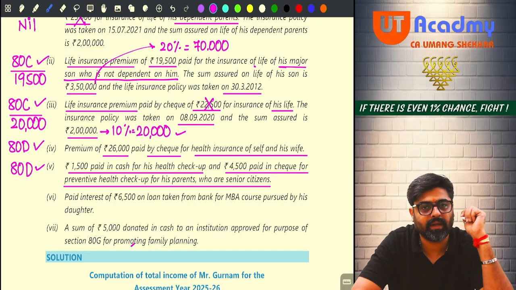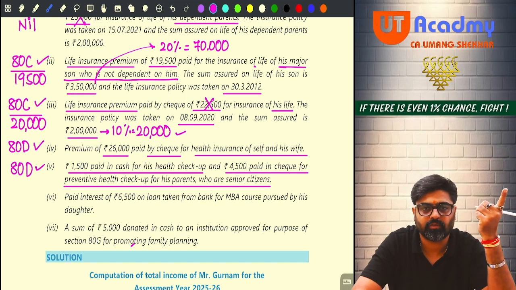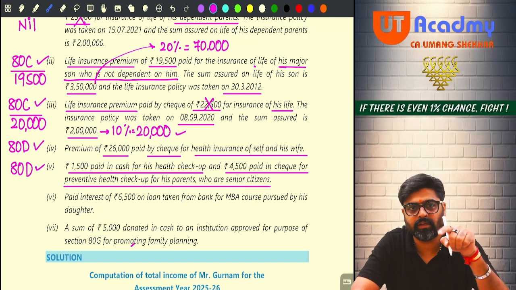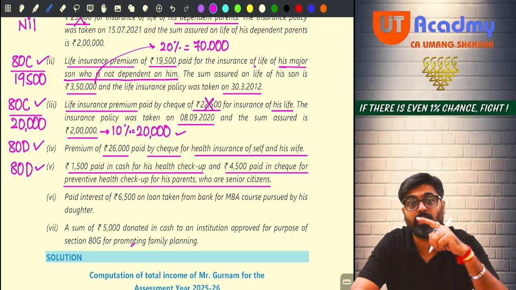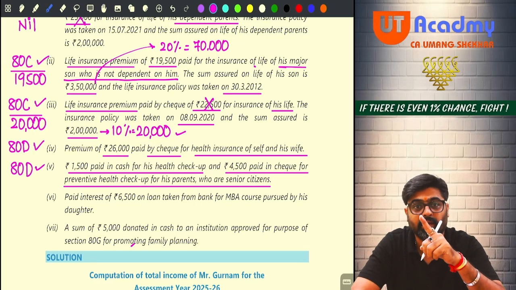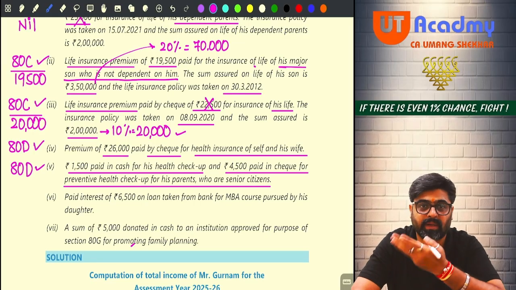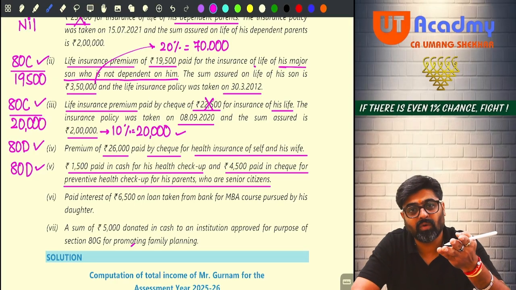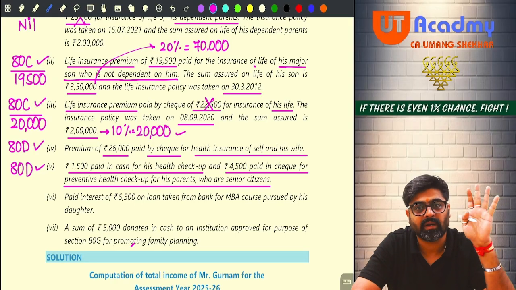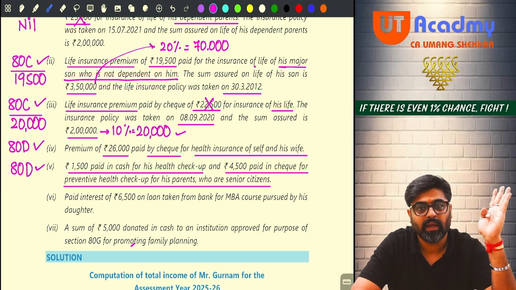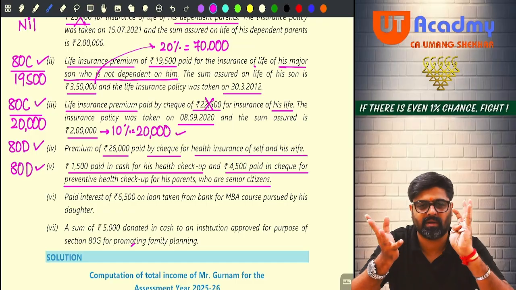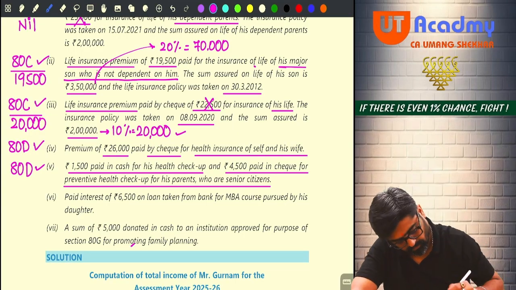But if your 1,500 qualifies, then parents' 3,500 will qualify. But it is not advisable to qualify your 1,500 because you have already exhausted the 25,000 limit. 26,000 premium you are paying only for yourself. So why are you wasting your parents' 4,500? Take that fully. And from your preventive health checkup, qualify only 500. Got it? Next one.